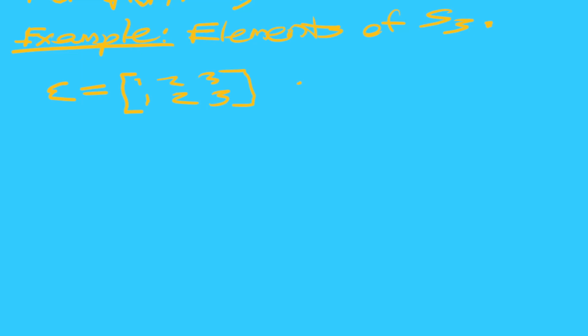And then we have alpha, which is 1, 2, 2, 3, 3, 1. And then we also have beta, which is 1, 1, 2, 3, 3, 2.